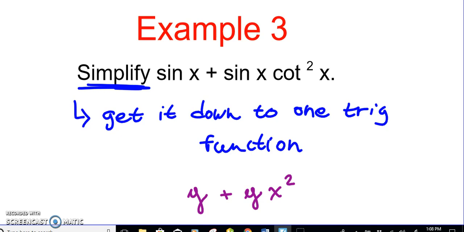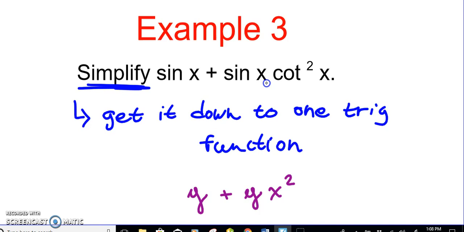Same thing happens when it comes to sine, cosine, tangent, all this stuff. If we have a sine in this part and a sine here, you can still factor out a sine. You can factor out a cotangent. You can factor out any of those trig functions to simplify things down.